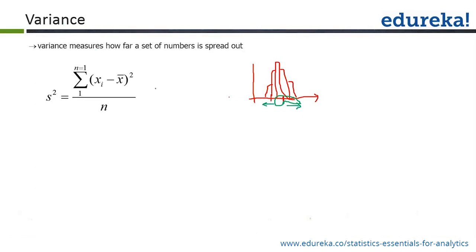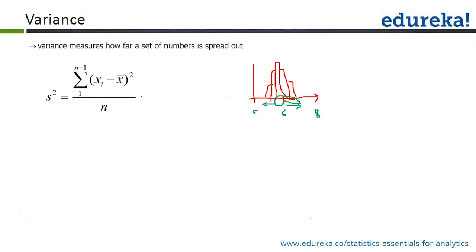So how do we calculate this variance? Let us assume that the mean you have calculated for this heights example is 6, with values starting from 5 and ending at around 8.